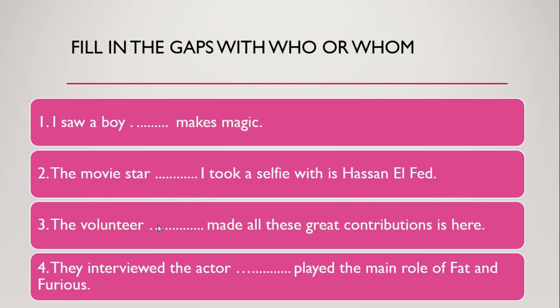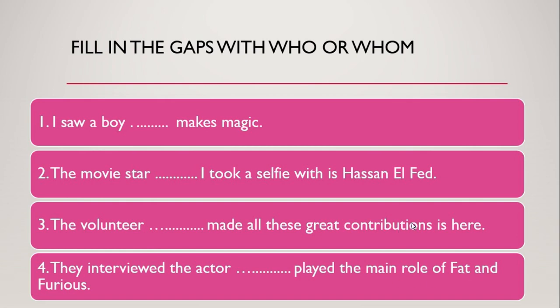The volunteer who made all these great contributions is here. Made is a verb. They interviewed the actor who played the main role of Fast and Furious. We have a verb, so we use who.